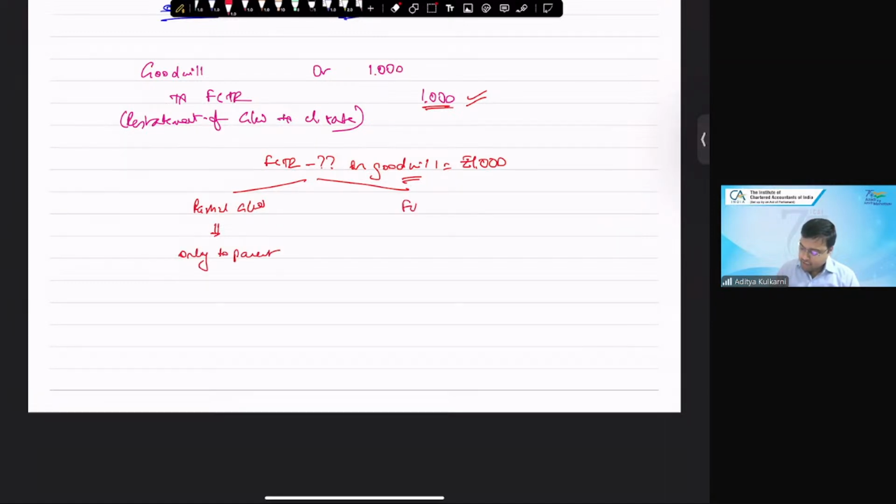If it is full goodwill method, it will go to parent plus NCI both. What is partial, what is full? I don't want to get into this discussion right now because this is something that you will be studying in your Ind AS 103, that is business combinations. So I'll skip this part and move forward.